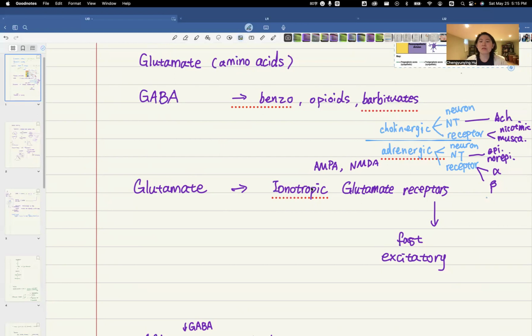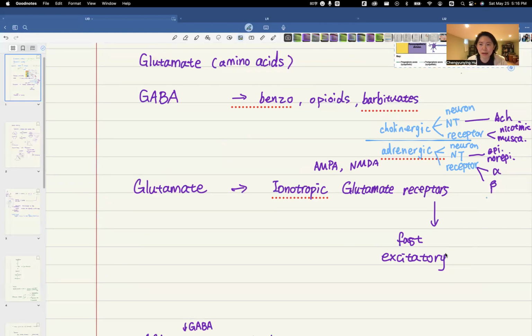It's receptor ionotropic. Receptor and the channel is the same protein. It doesn't need to signal other protein to open up the channel. The channel is the receptor. And it has an excitatory effect.